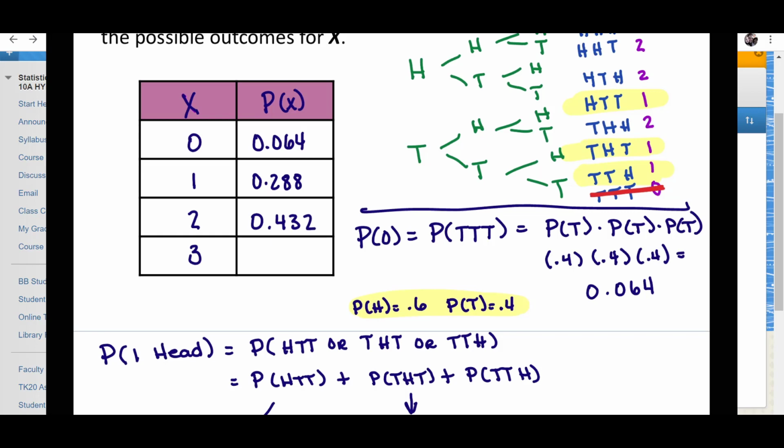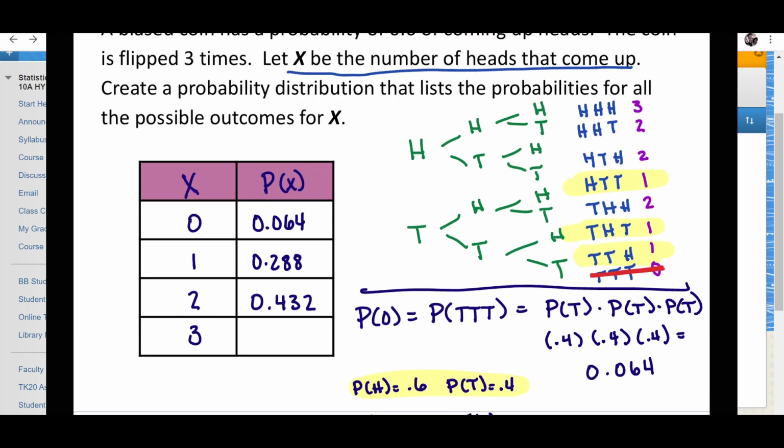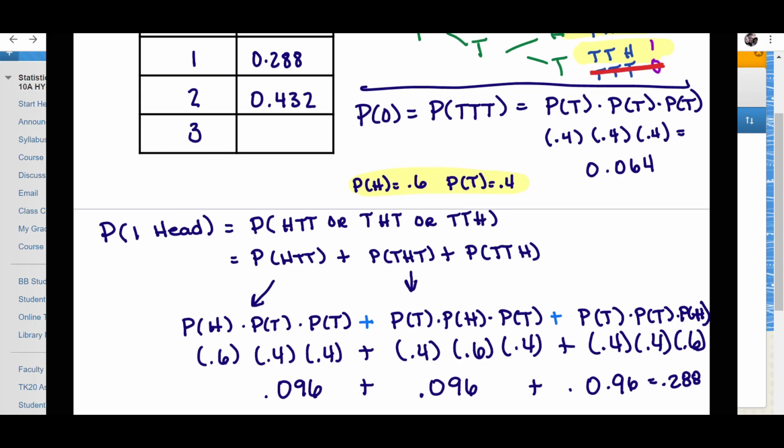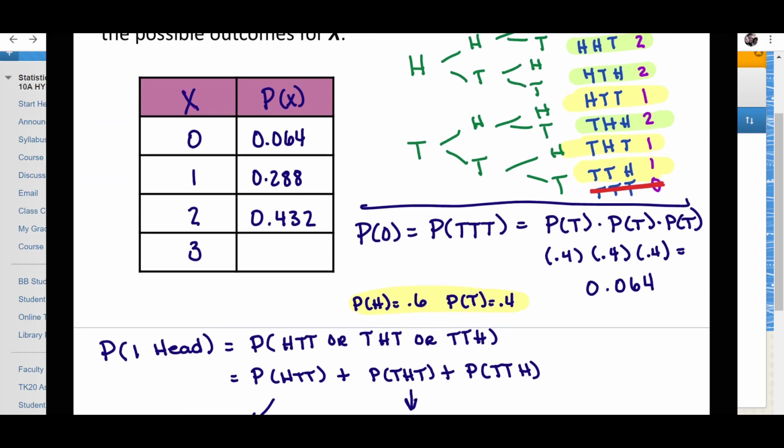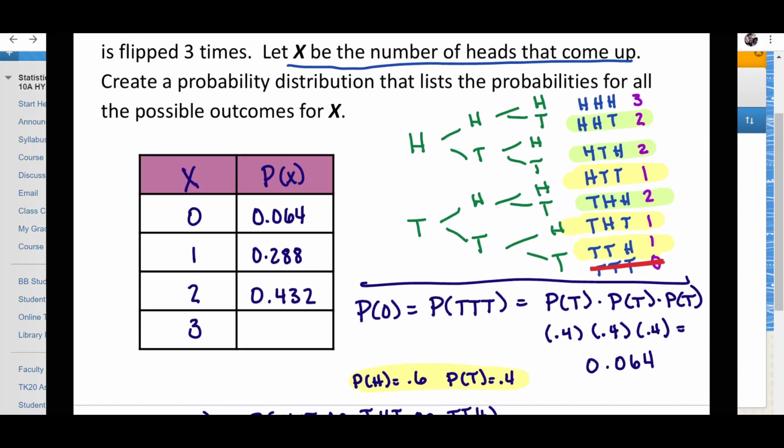So if we did all the ways that you can get 2 heads, so let's see, that's this one, and this one, and you went the same route as you went here, that ends up being 0.432. And then if you find the probability of just 3 heads, which is a little bit easier because there's only one way for that to occur, that ends up being 0.216.